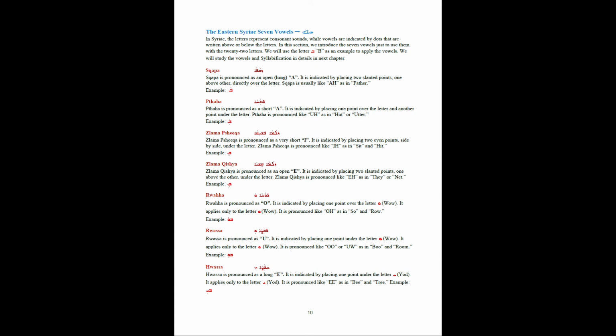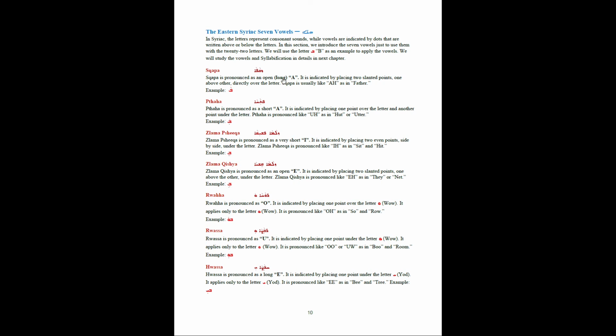Okay, we talk about the Eastern Syriac 7 vowels, and these are the vowels. I'm going to try to represent the name and the sound of these vowels applied on the letter B. The first one is Zqapa. Zqapa, that's the name of the vowel.